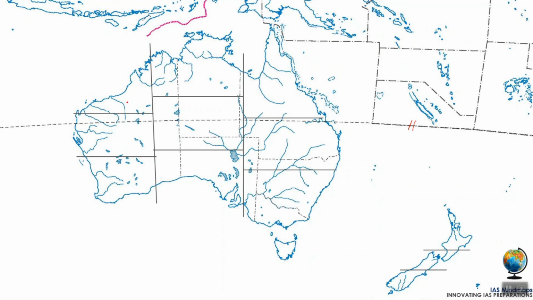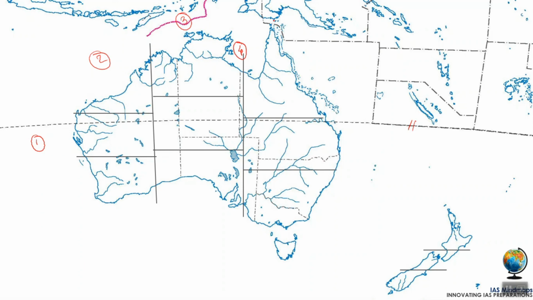All the seas and oceans surrounding Australia, and arrange them in west to east direction, that is clockwise. So first, Indian Ocean. Second, Timor Sea. Third, Arafura Sea. Fourth, Gulf of Carpentaria.